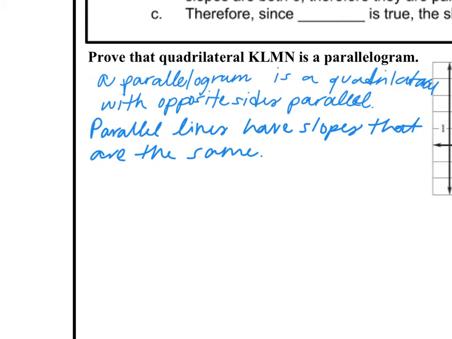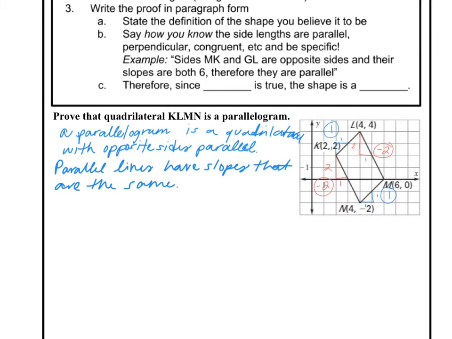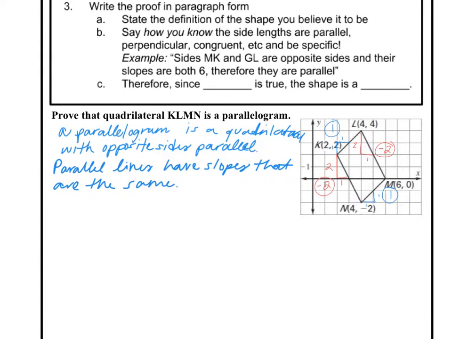So look at the actual letters. When I say be specific, you have to use the names of the sides. You can't just say 2 of the sides have slopes of -2. The other 2 have slopes of 1. No. You have to say that LM and KN have the same slope of -2. So we'll start with that one.